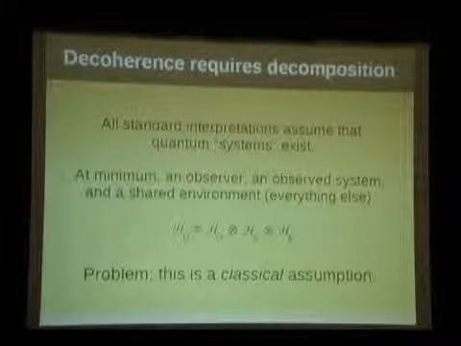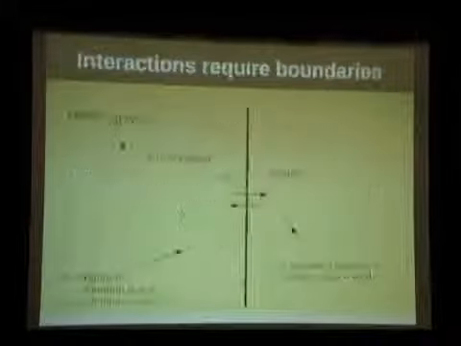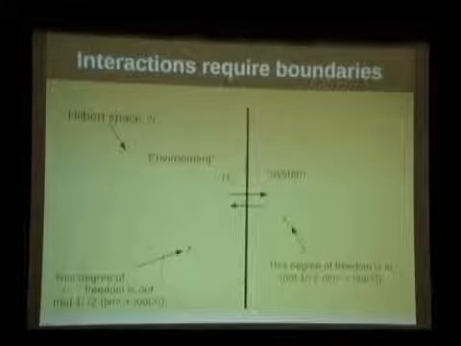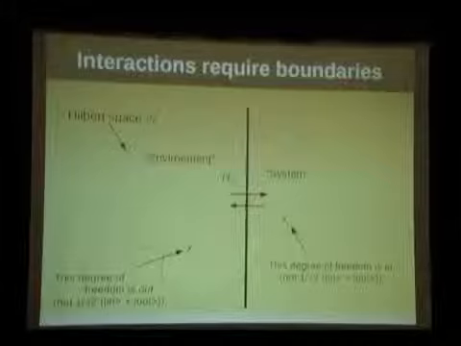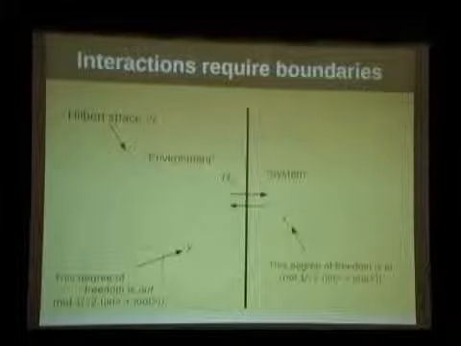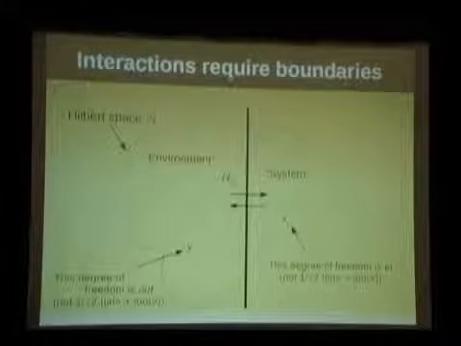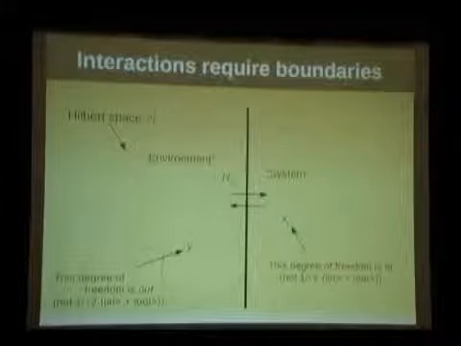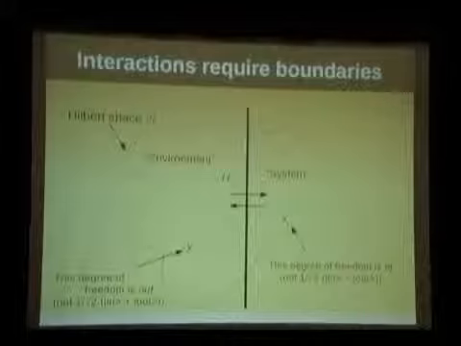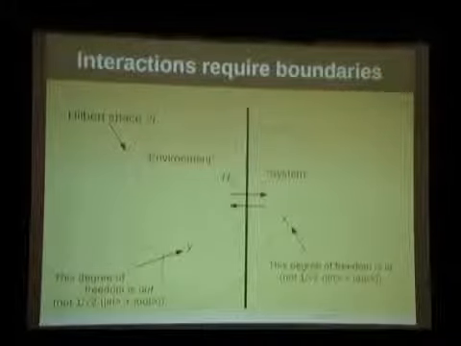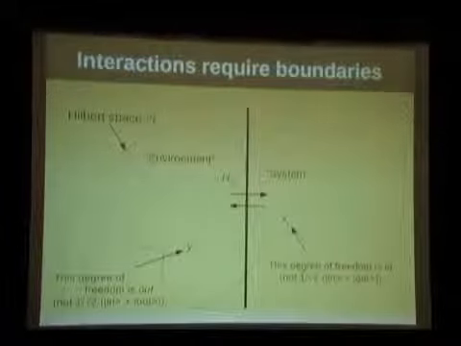But the problem is this is a classical assumption. So this is what it looks like, not looked at in physical space, but in Hilbert space. What I've done is draw a line through the set of all possible degrees of freedom in the universe. And I've said there's some degrees of freedom that are part of my system, and there's some degrees of freedom that are part of the environment, and never the twain shall meet. Right?